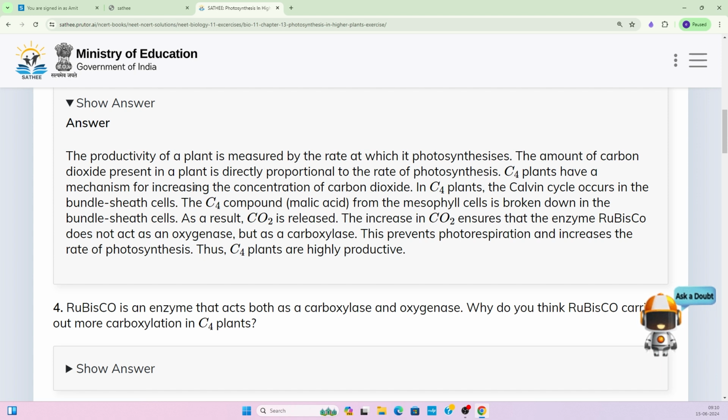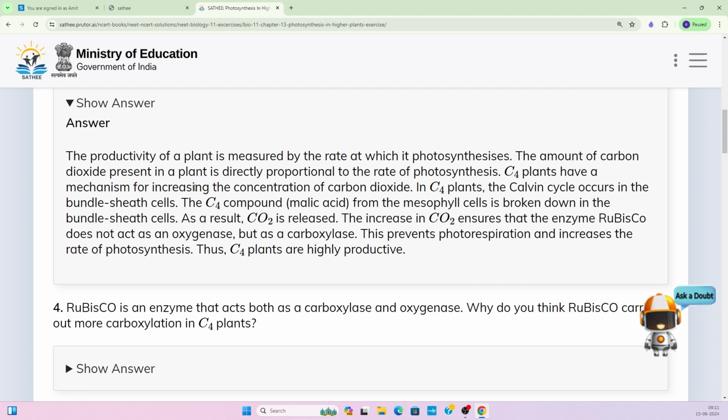In a C4 plant, the Calvin cycle occurs in the bundle sheath cells only. It has a spatial difference. The C4 compound, the malic acid, from the mesophyll cell is broken down in the bundle sheath cell.